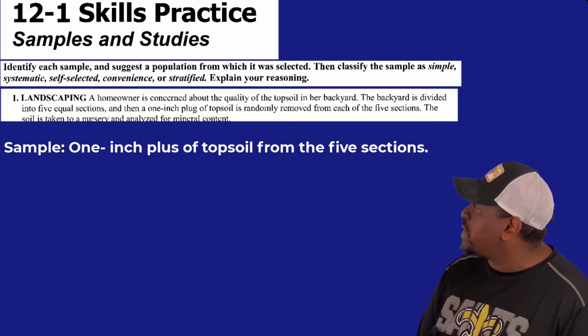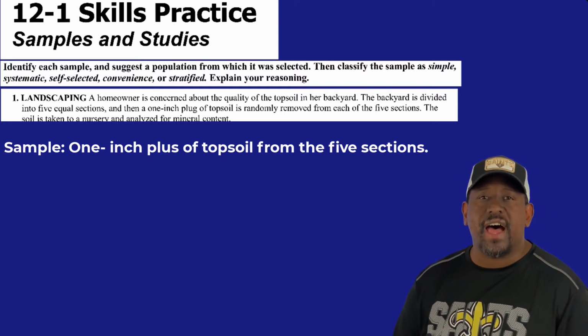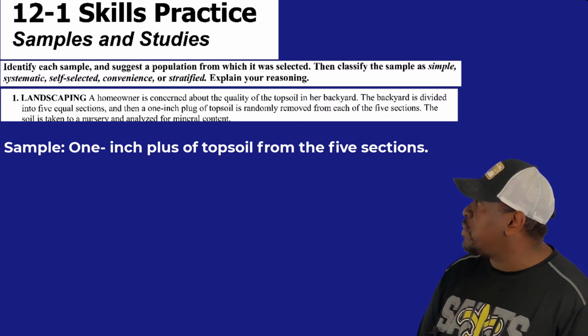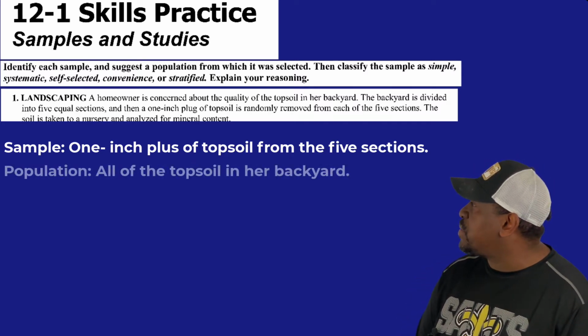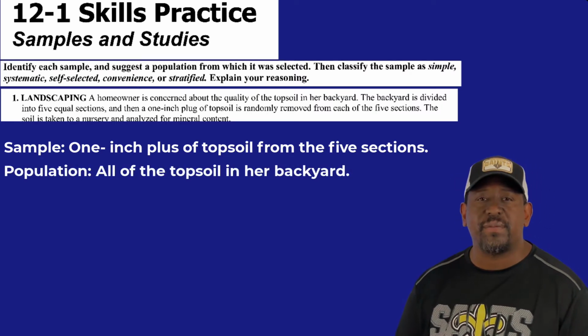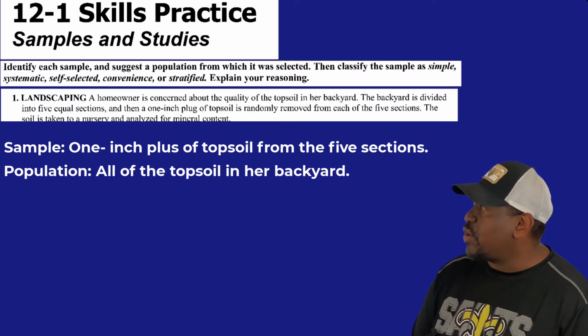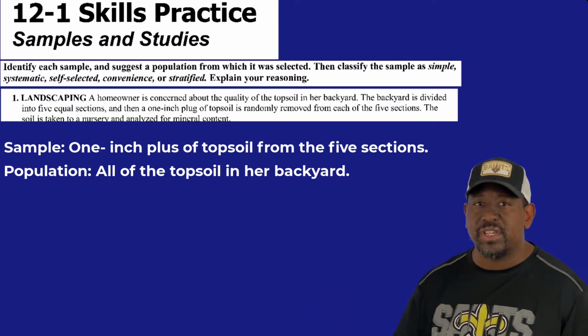Now the population from which it's selected is probably going to be all the topsoil in the backyard. So that's probably what we'll put for that. Yes, all of the topsoil in the backyard would be the population. So population is the general group of everything we're looking at.